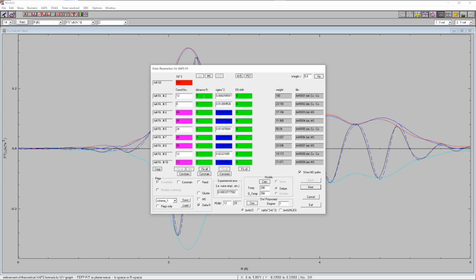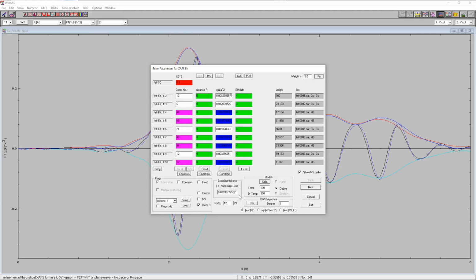This is basically a similar scheme to what we're using for the E0 shift, where all the other E0 shifts of all the other single and multiple scattering paths are the same as the E0 shift of the first path. So now we are down to 12 parameters in the refinement, with 29 independent parameters. So that should be sufficient.